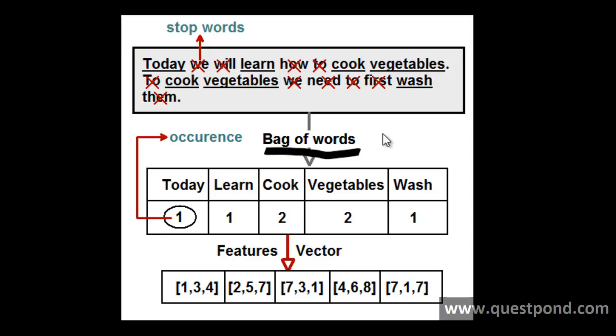Also, one of the parts of bag of words is that we also get the number of occurrences. For example, in this document, you can see that cook has occurred 2 times, so we have also noted down the number of occurrences. Vegetable has occurred 2 times, so we have put 2 here.